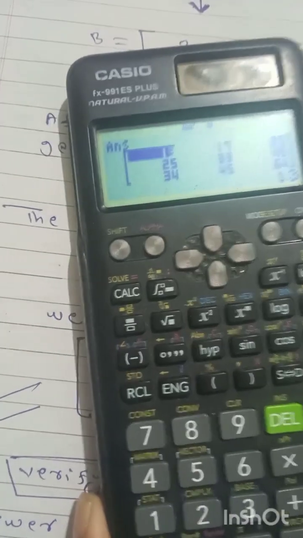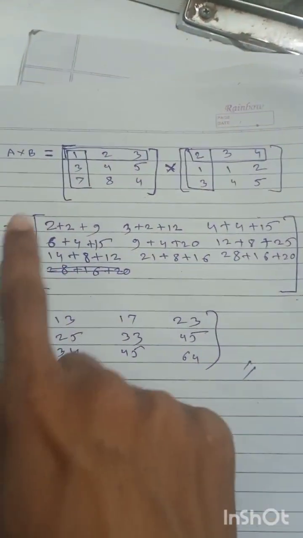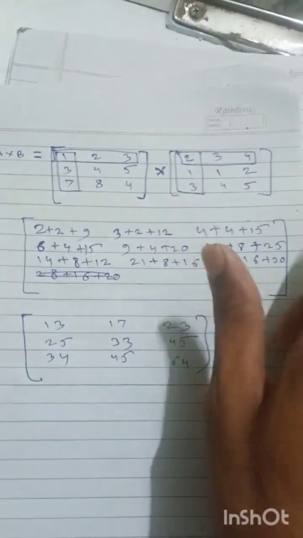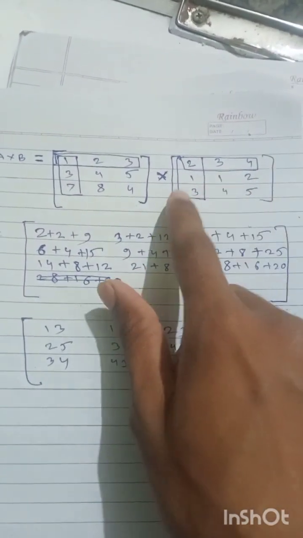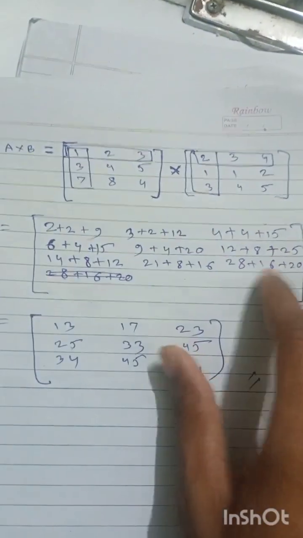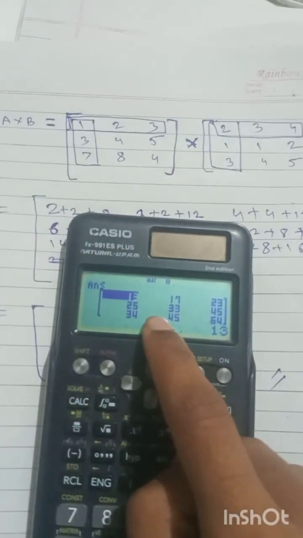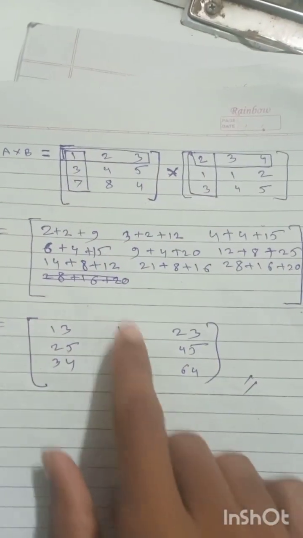Now the values of the A and B matrices are 1 2 3, 3 4 5, 7 8 4, and 2 3 4, 1 1 2, 3 4 5. So now you can check whether this answer is correct or not. So you verify this answer.